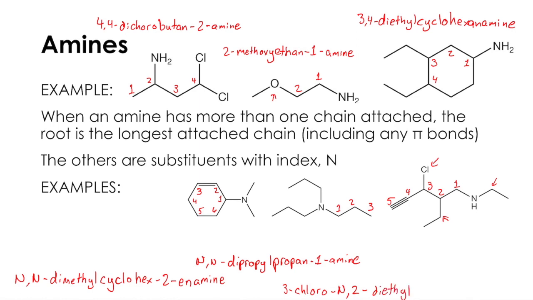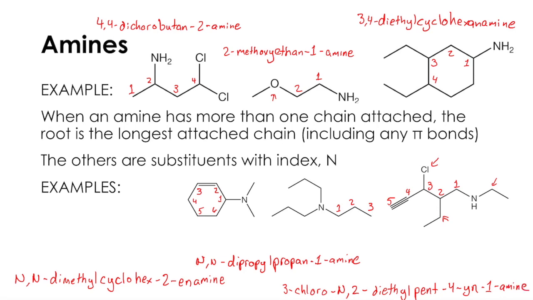There you go. And now the root of the name is 5 carbons long, so it's pent-yne, and it's on carbon 4. And the amine is on carbon 1, so pent-4-yn-1-amine, like that.